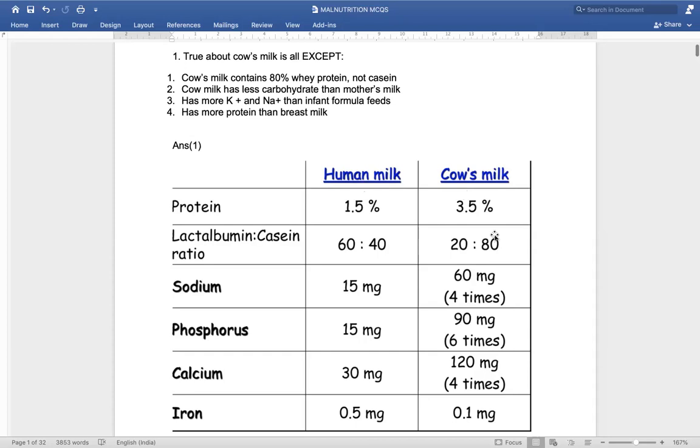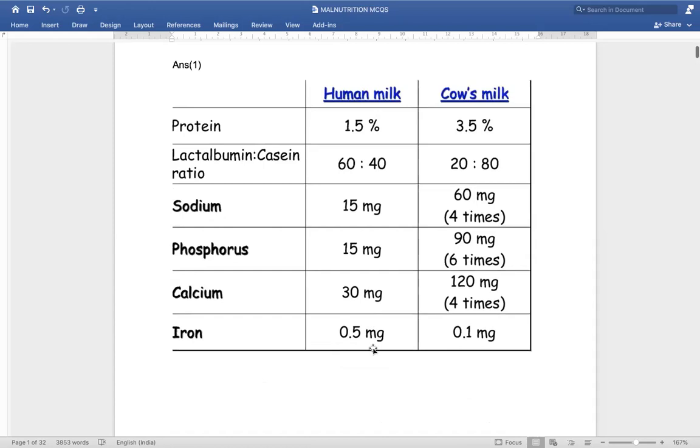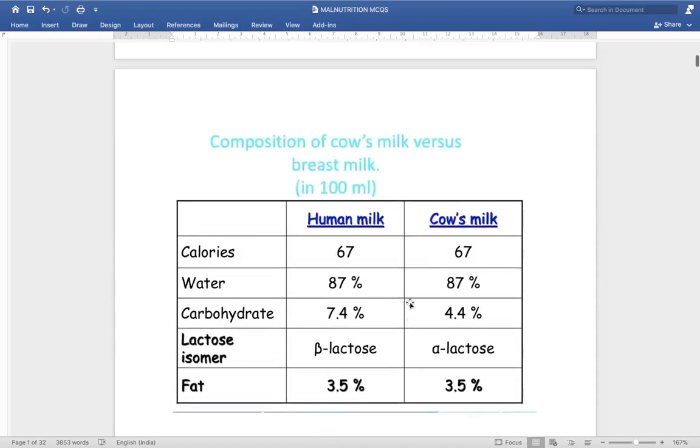Cow's milk major protein is casein, and sodium, phosphorus and calcium are more in cow's milk, whereas in iron the human milk is more iron compared to cow's milk.